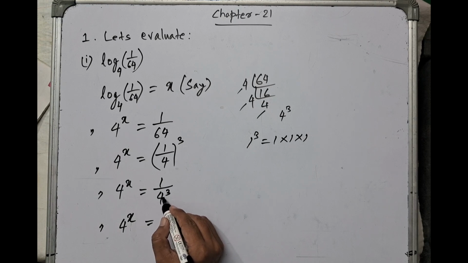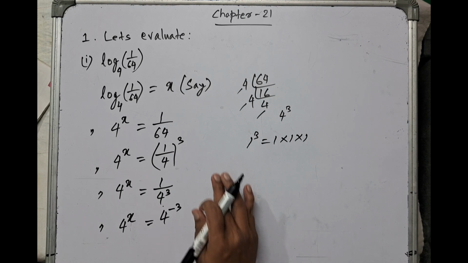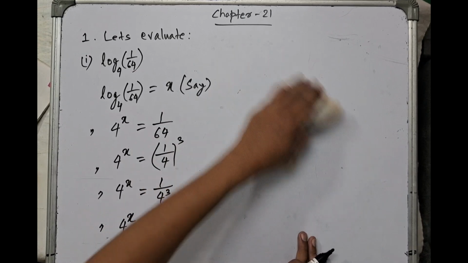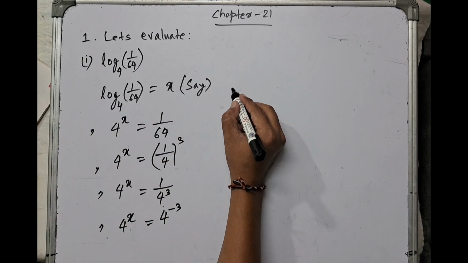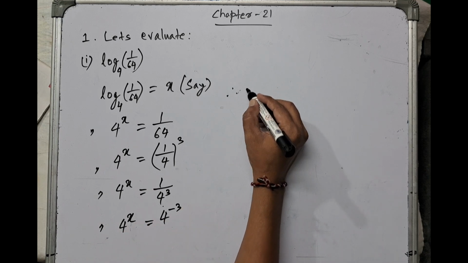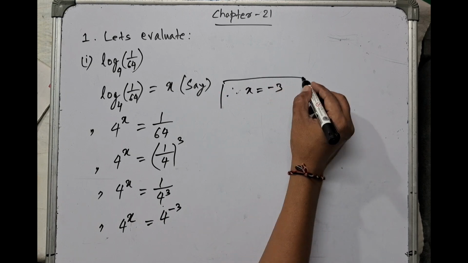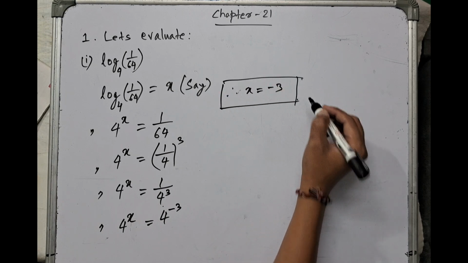If we bring this number to the numerator, the sign of the power changes to negative, 4 to the power minus 3. Now let's continue this sum here. Since the bases 4 and 4 are equal, their powers will also be equal. So we can write, therefore, x equal to minus 3. So this is the solution for question number 1 of 1.